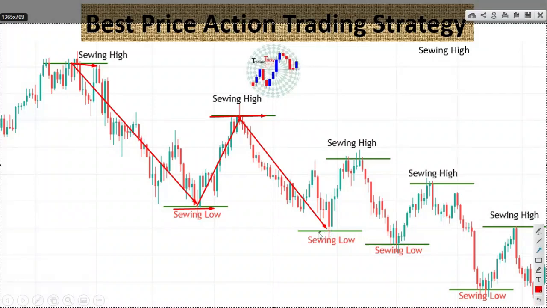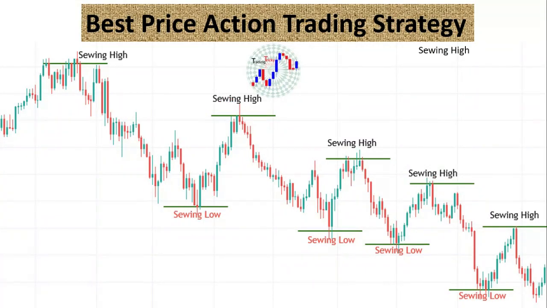Again we can see a new low, and this is called a swing low. Again a swing high. If you observe, every time the market reverses even before touching the previous high. So this is called a swing point. Swing high, swing low, swing high, again swing low, again swing high.